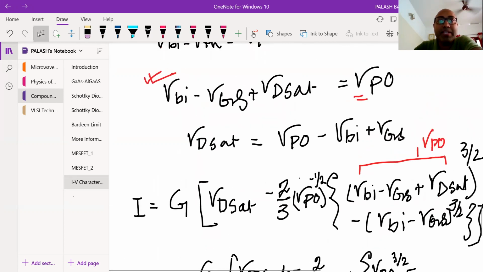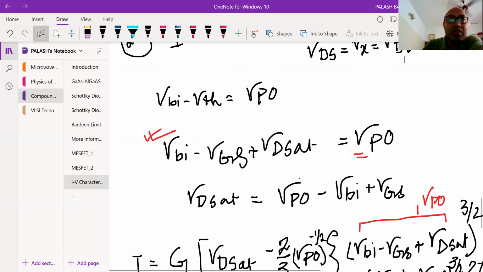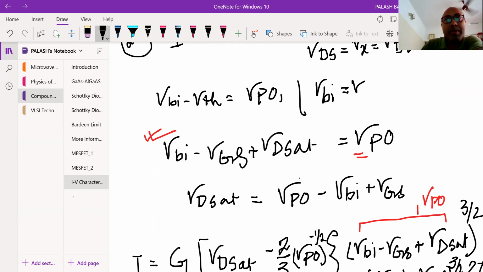Here actually I can write VBI is equal to VP0 plus V threshold voltage, okay?